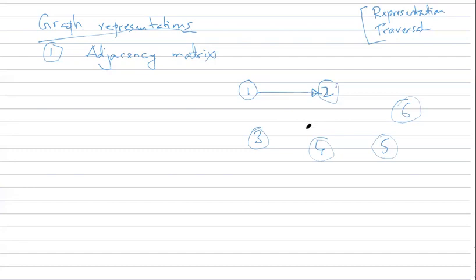Then there's an edge going from, let's say, 3 to 2. Edge going from 2 to 6, 6 to 4, 5 to 6, and 6 back to 2.